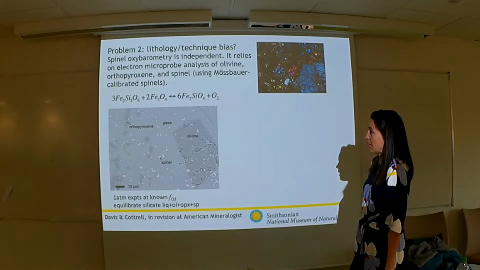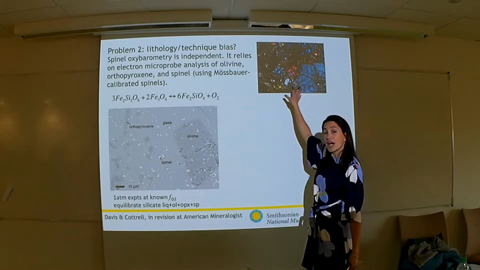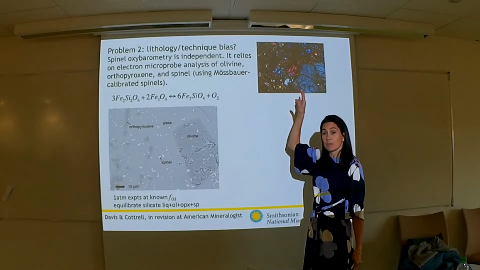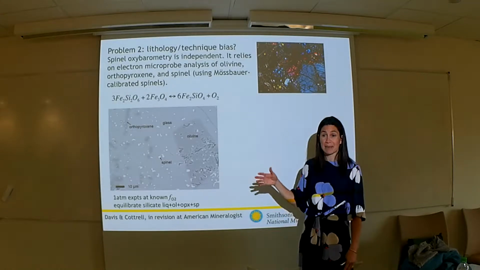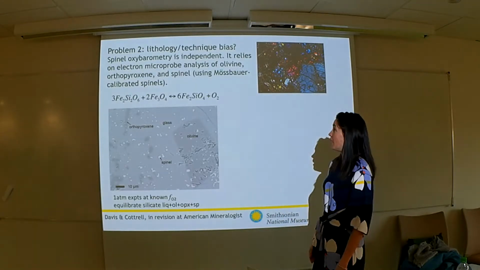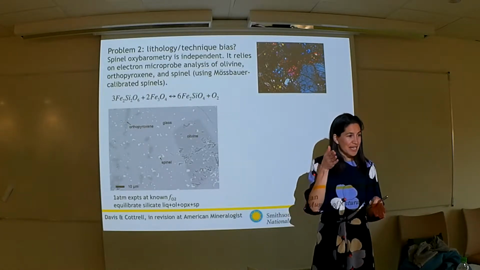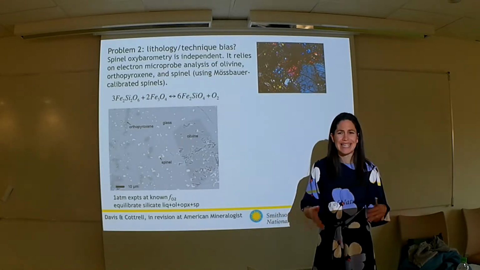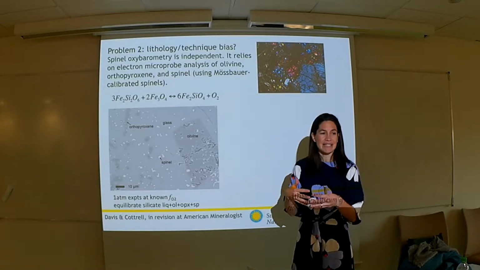A second problem we have is that these are two different techniques. The oxybarometry is completely independent of XANES and Mössbauer. It's thermodynamics based on electron microprobe measurements of these phases, whereas with XANES, we're looking at the glass. It's a spectroscopic technique. It's based on Mössbauer and wet chemistry. And we've never compared these head to head.